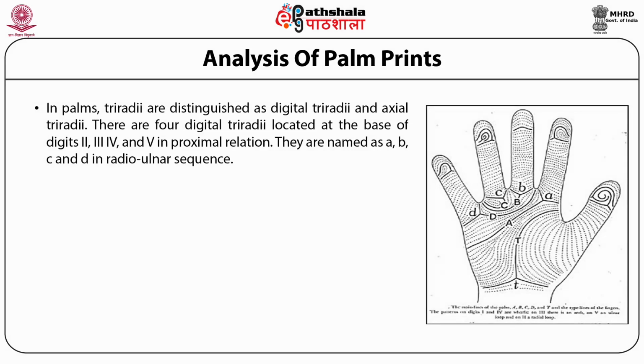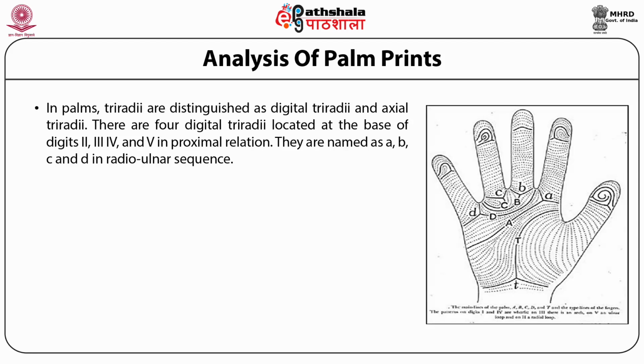In palms, tri-radii are distinguished in terms of their location as digital tri-radii and axial tri-radii. Characteristically, there are 4 digital tri-radii located at the base of digits second, third, fourth, and fifth in proximal relation.